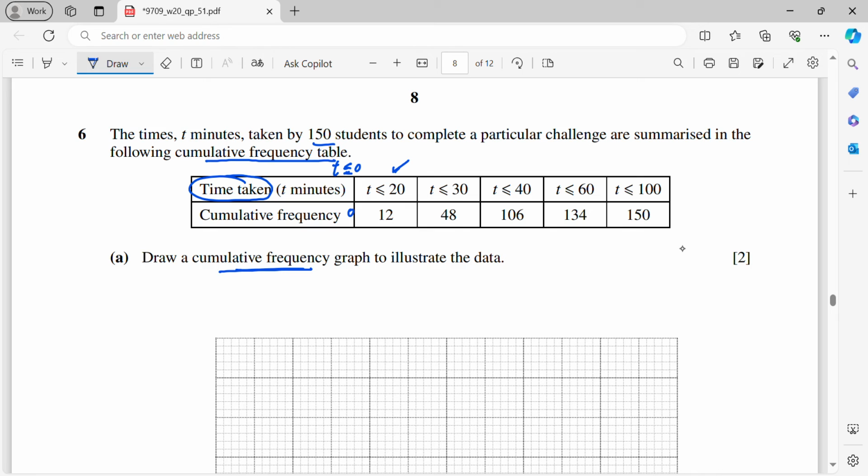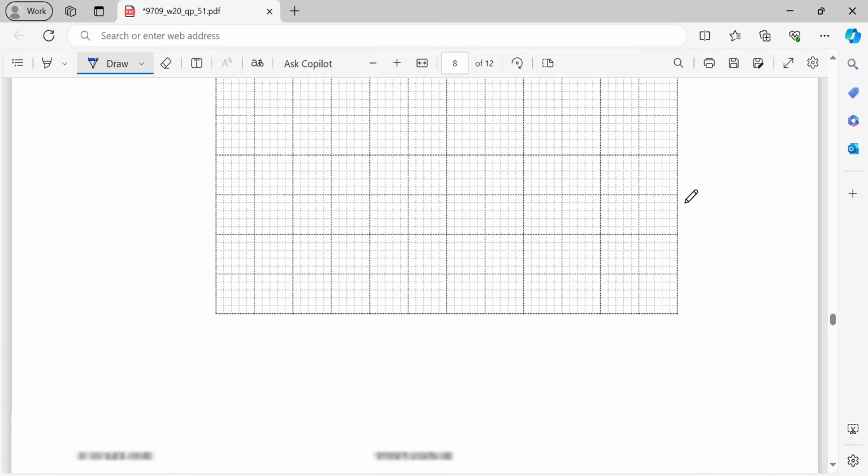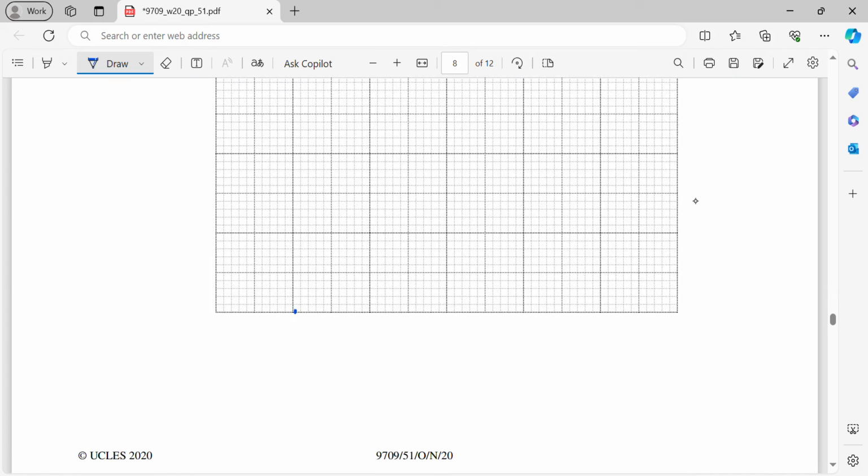So now by looking at 0 until 100, this t is on my horizontal axis. Let me check. I will use 10 for 5 squares.